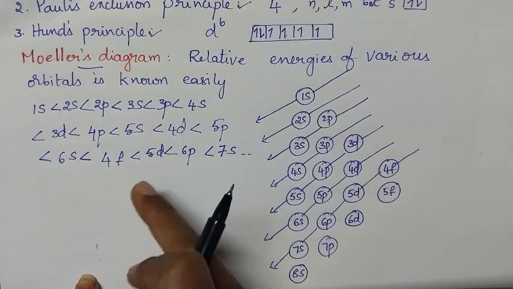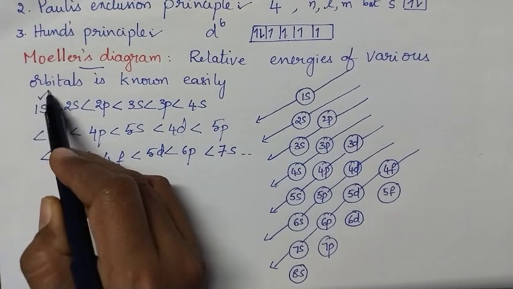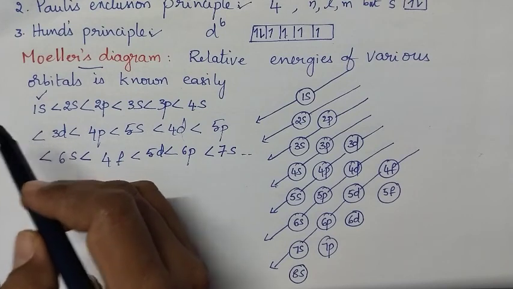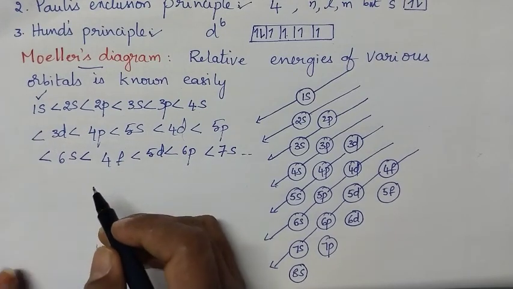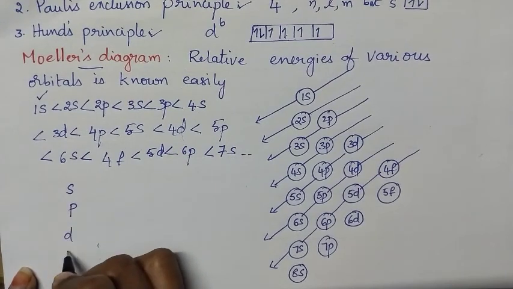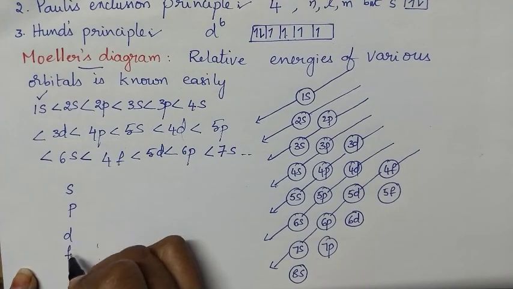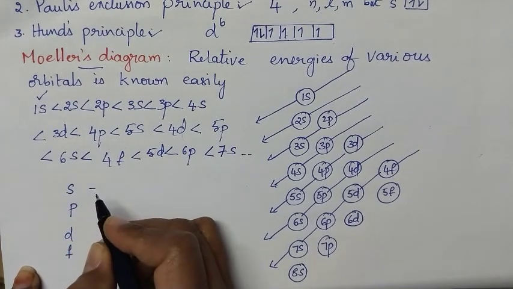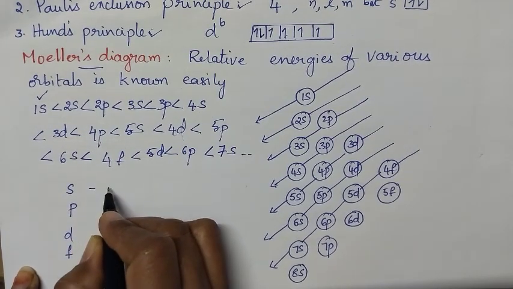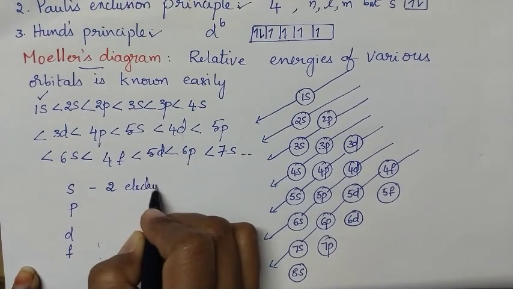So while writing the electronic configuration, always an orbital with lower energy should be filled first. And coming to the capacity of various orbitals, how many different orbitals are available? s, p, d, f. So what is the capacity of s orbital? Maximum it can accommodate 2 electrons.